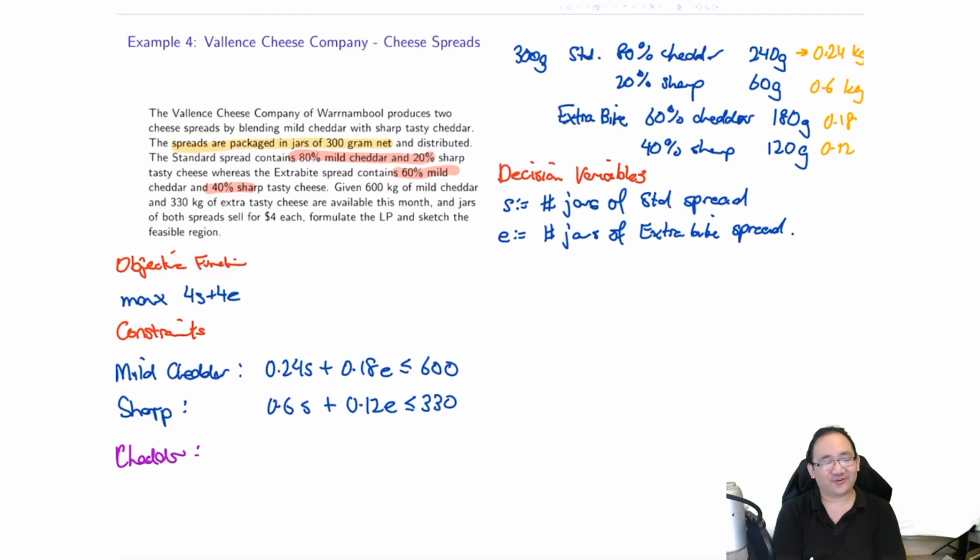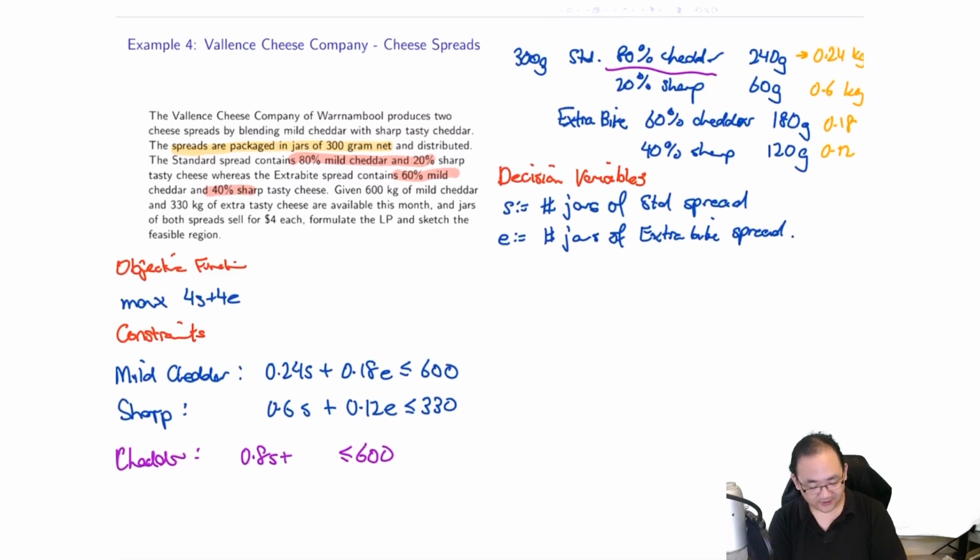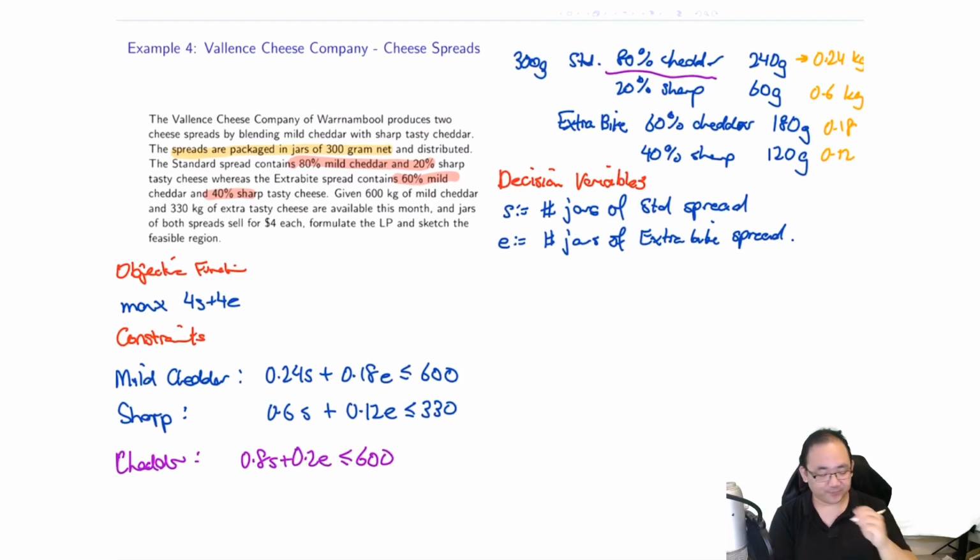What I want you to think about now is that in terms of the cheddar availability, you've got 600, and for the standard jar, you've got 80% cheddar, so it will be 0.8s plus 0.2e.